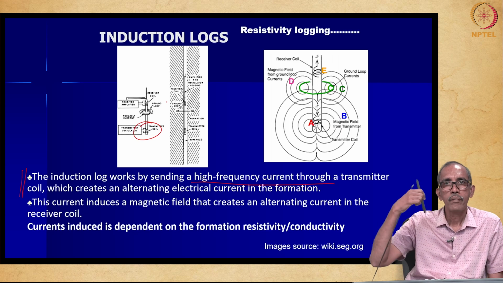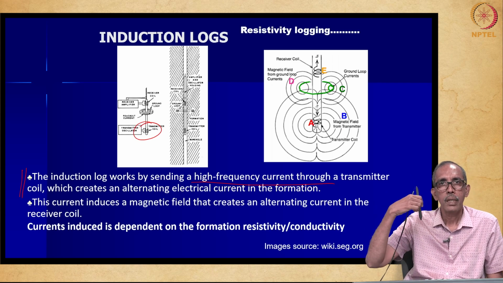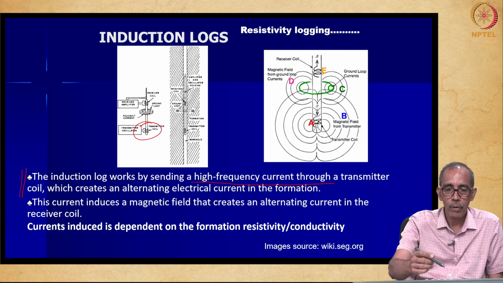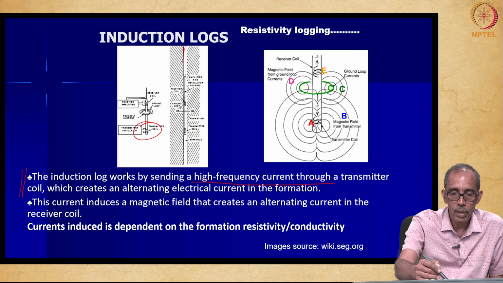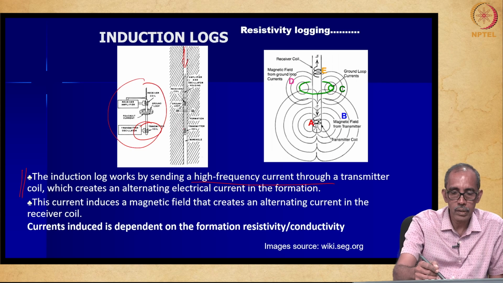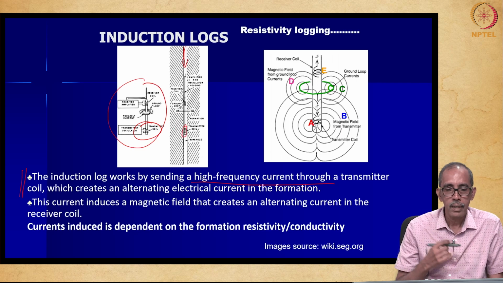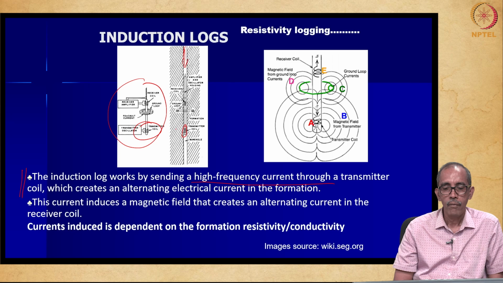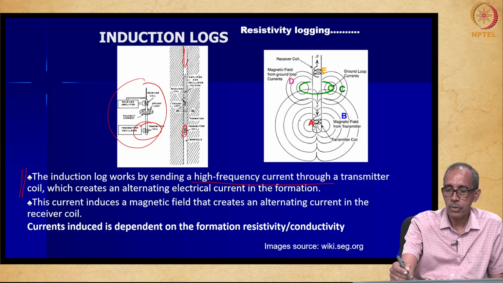A sonde is a watertight instrument that has to be lowered into a borehole. This is a borehole, right. So, in the borehole it is lowered. There is a transmitter coil, which is a zoomed version of what you see within the borehole. This is the transmitter coil which creates alternating current which passes into the surroundings. So, this is the borehole.